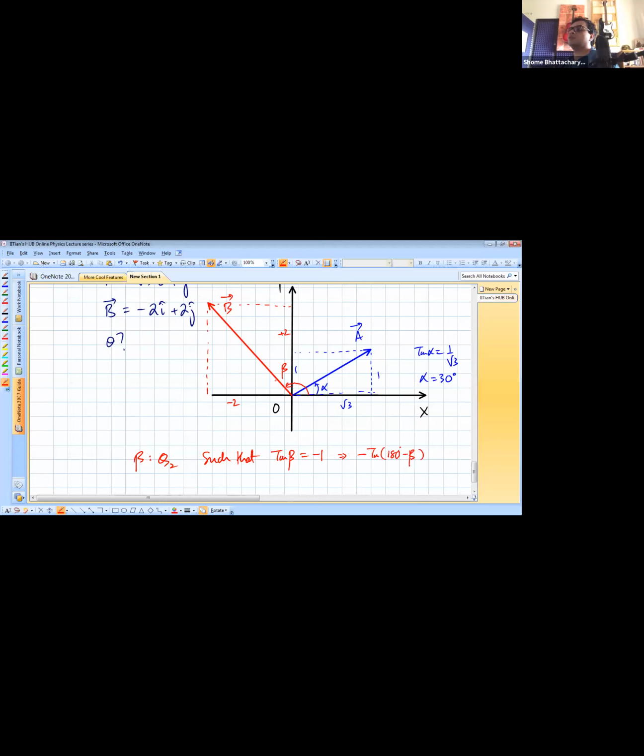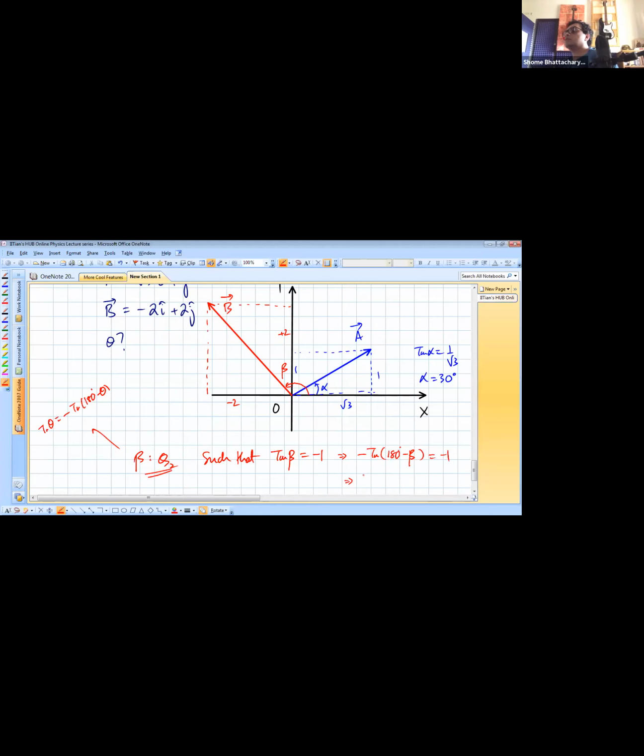You don't need to do all this, right? You can already see this angle is 45, so this is 135. I'm just showing you once again how to formally write these things. So for tan beta in the second quadrant, the formula becomes that tan theta is minus of tan of 180 minus theta.